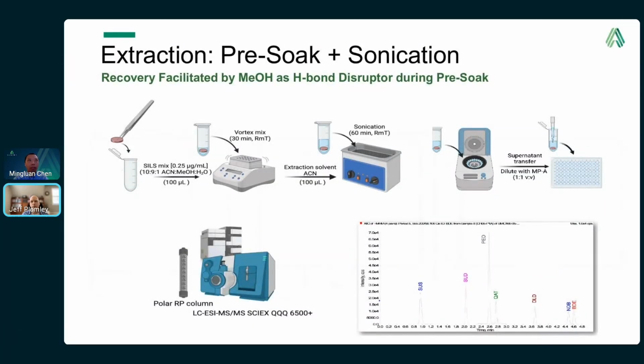In terms of optimized extraction, it looks like this. And one of the nice things about cellulose as a polyhydroxy compound is methanol is highly effective as a hydrogen bond disruptor, as a pre-soak, for example, leveraged with an orthogonal approach with an aprotic solvent such as acetonitrile. And so that's exactly the approach we took here.